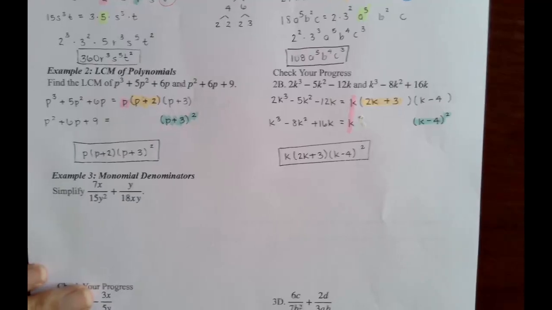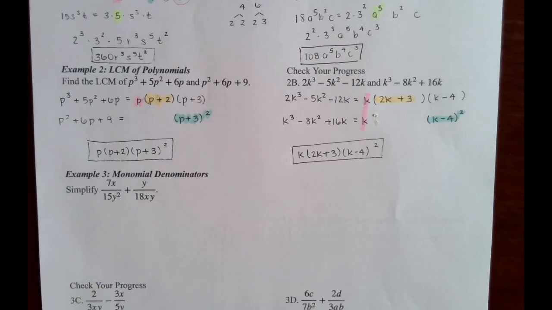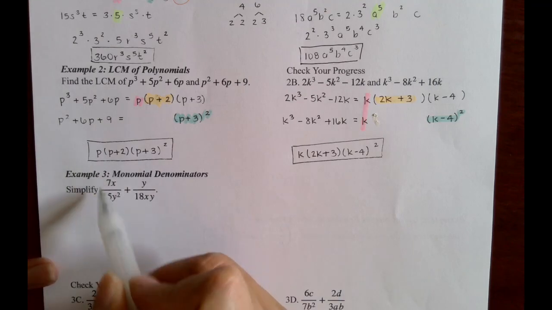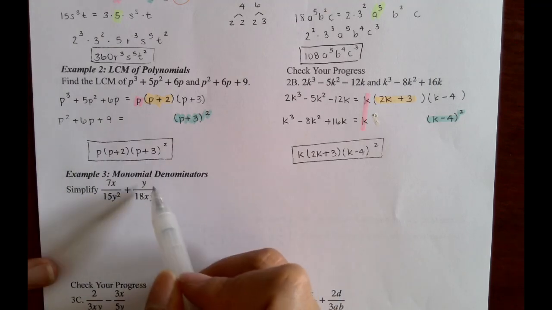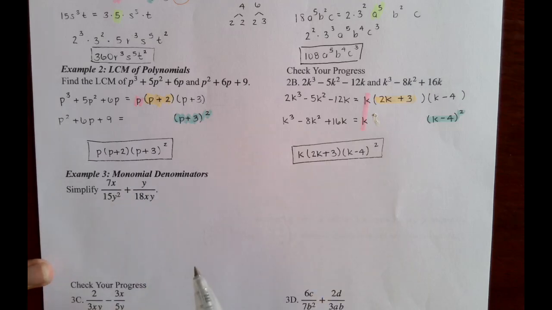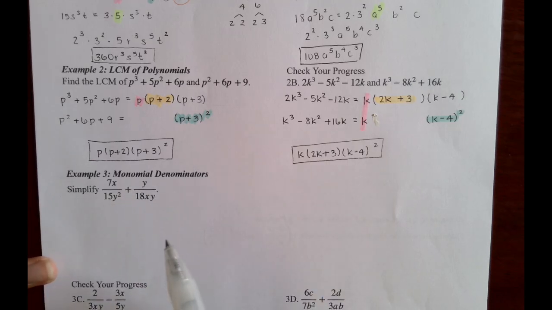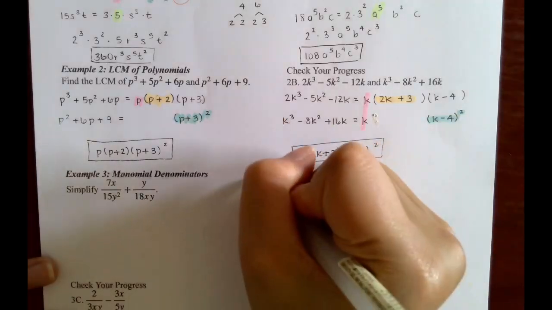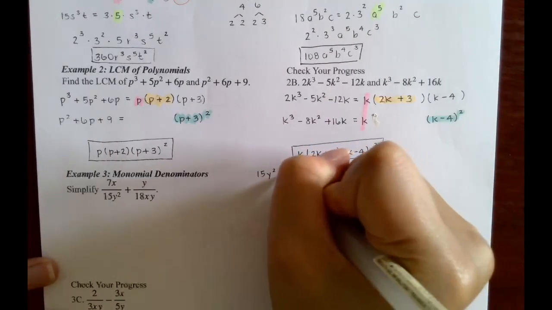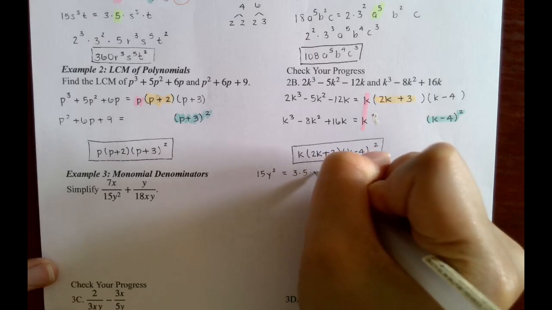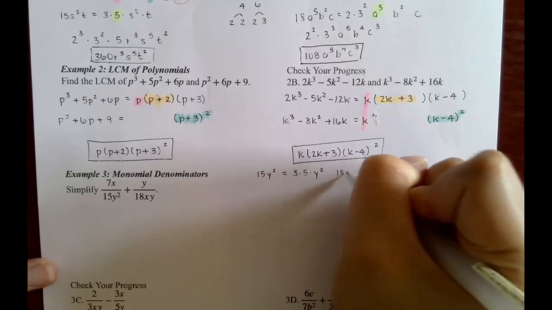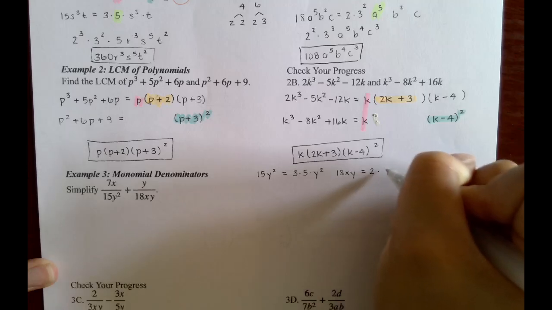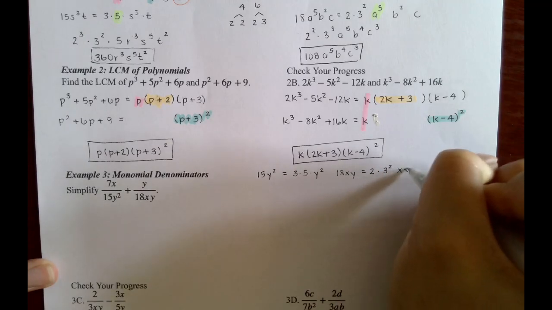Okay, so now the reason why we need to find least common multiple is because when we're adding, we want a common denominator. Okay, so here, as we're adding 7x over 15y squared plus y over 18xy, we need the common denominator, right? So 15y squared is 3 times 5 times y squared. 18xy is 2 times 3 squared xy, right?